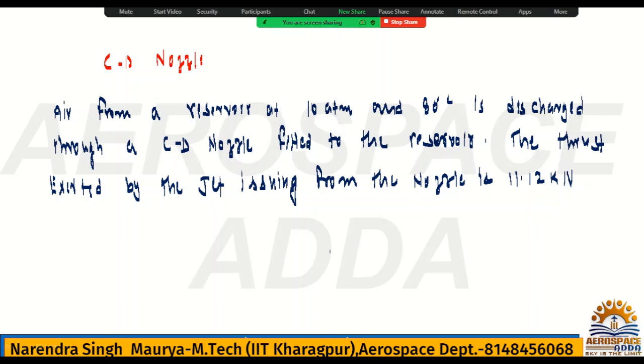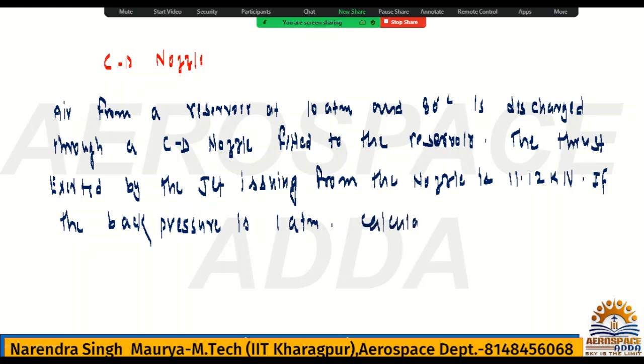is 11.12 kilonewton. If the back pressure is 1 atm, calculate the nozzle throat area, and the Mach number of the jet issuing from the nozzle.